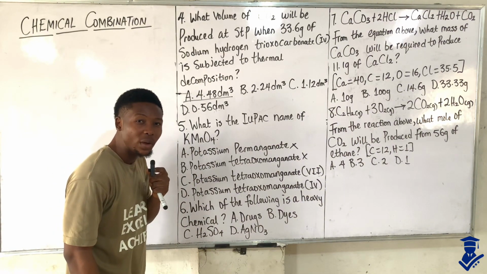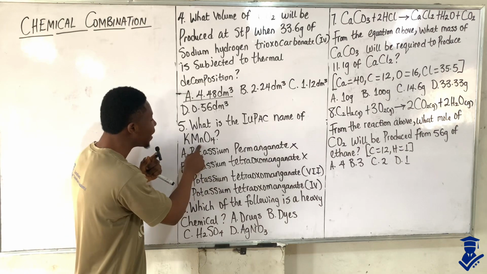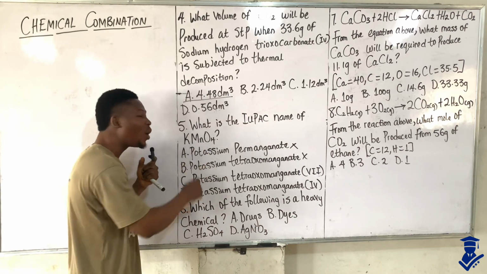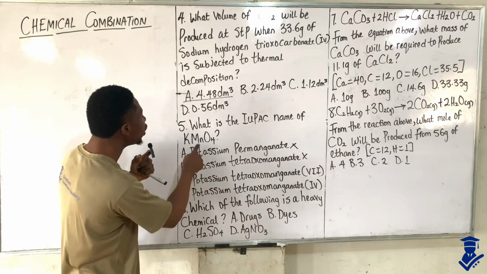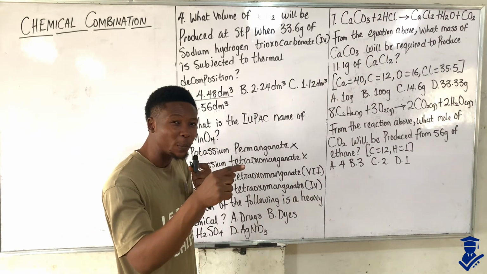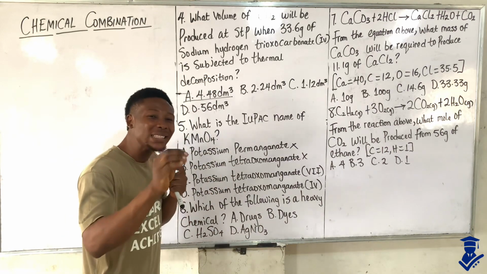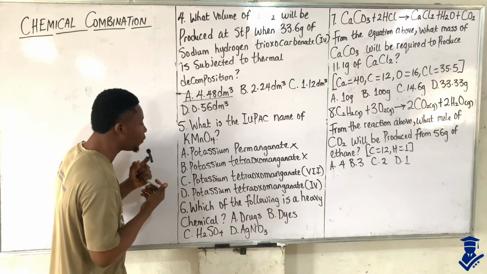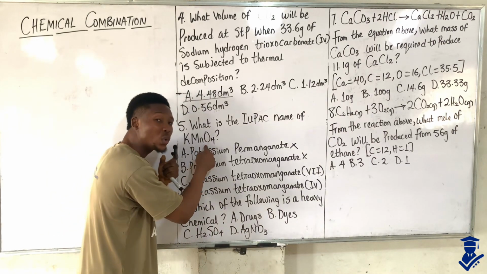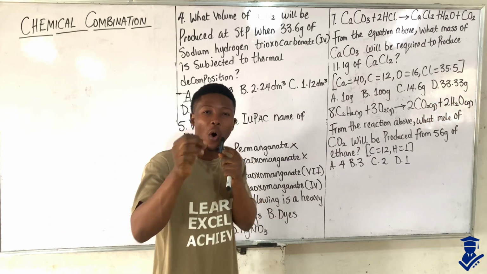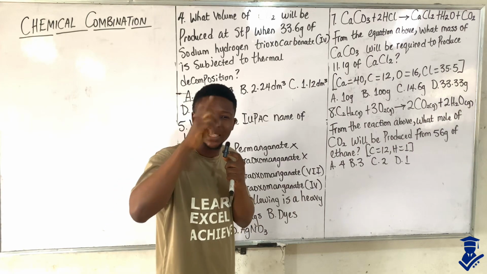They do not signify the oxidation number of manganese, and the oxidation number of manganese here is 7. So the correct IUPAC name of KMnO4 is tetraoxo. Now tetra is 4, tri is 3.